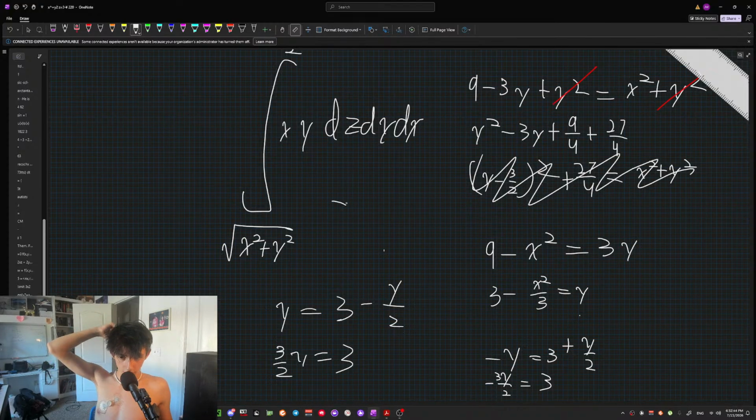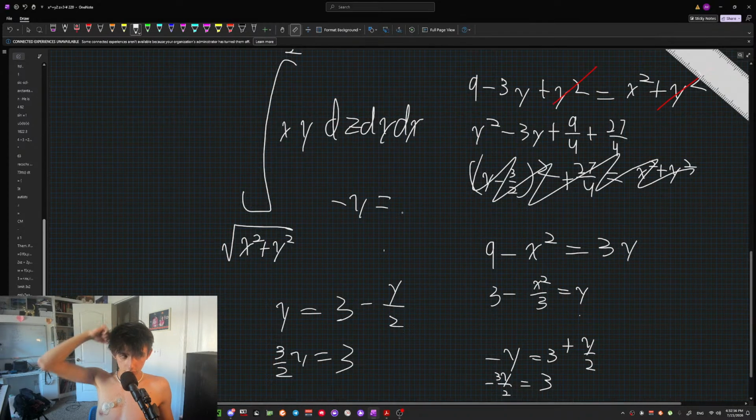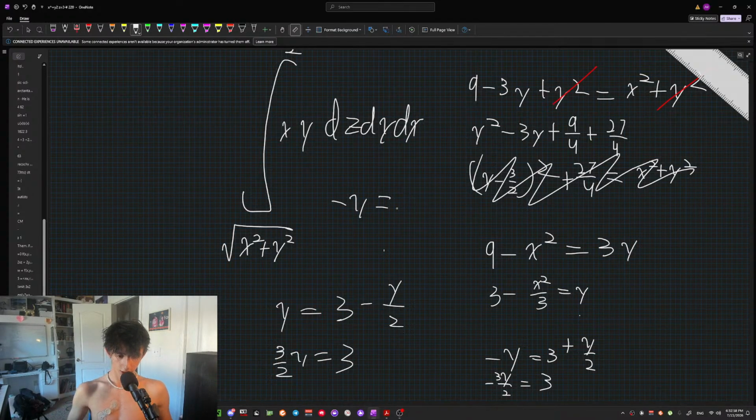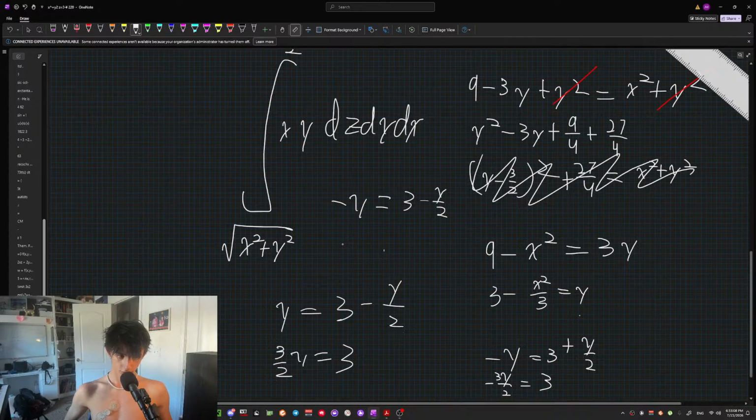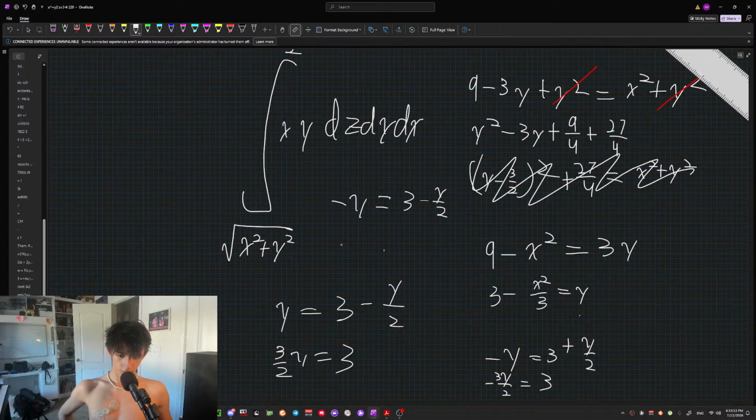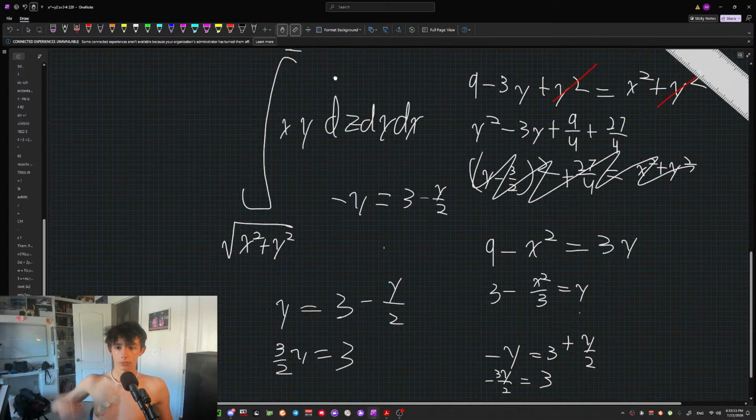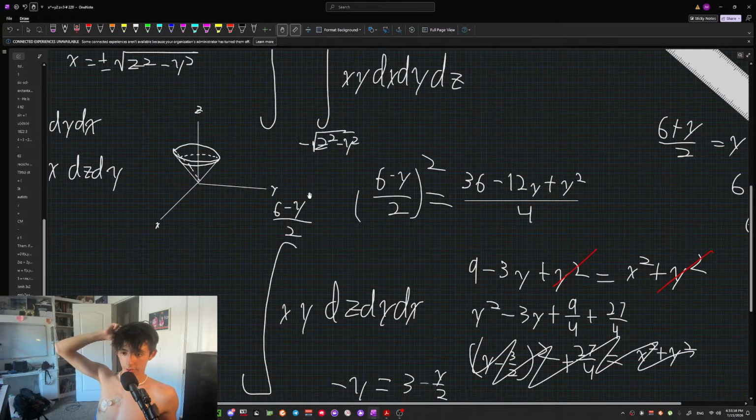Just try this negative y. Negative y equals what? What is it equal, gang? Like, what the fuck is going on?